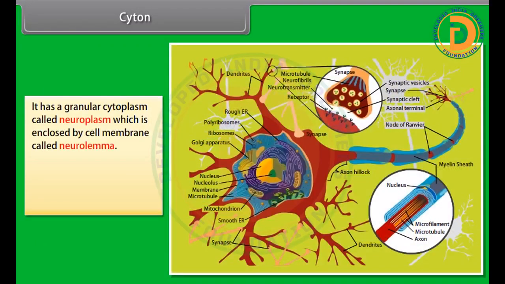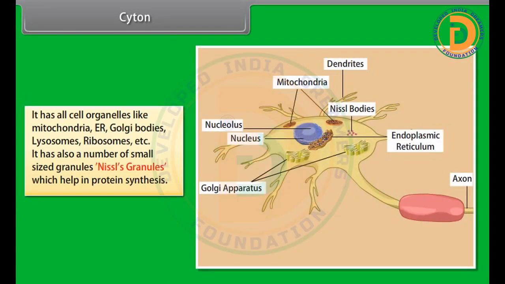It has a granular cytoplasm called neuroplasm which is enclosed by a cell membrane called neurolemma. It also has a large, spherical, centric nucleus with a nucleolus. It has all cell organelles like mitochondria, ER, Golgi bodies, lysosomes, ribosomes, etc. It also has a number of small-sized granules, Nissl's granules, which help in protein synthesis.